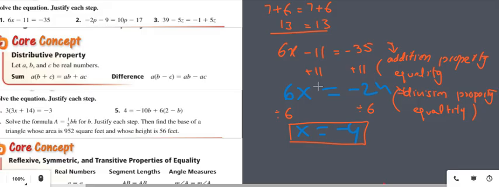Just imagine if these properties were not true. For example, some of these properties are not true in the case of inequalities, particularly the division property and the multiplication property. So in those cases, we have to be careful with those properties.